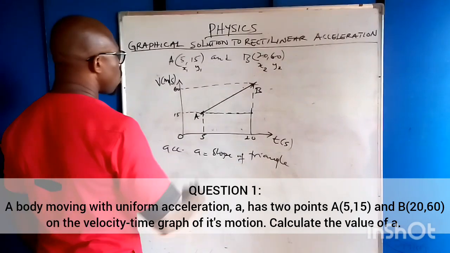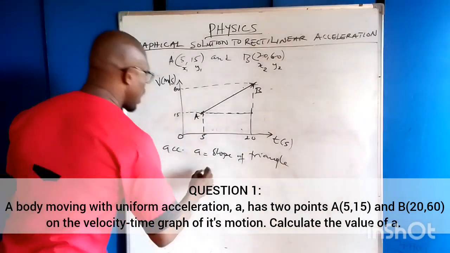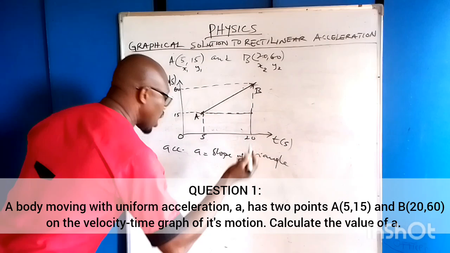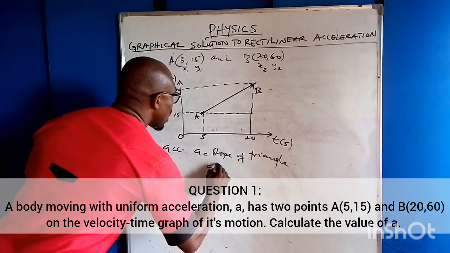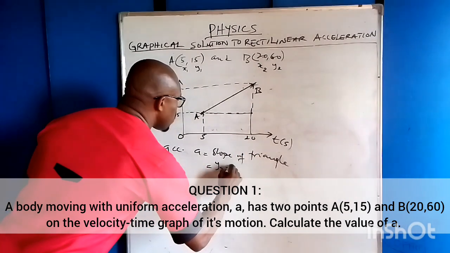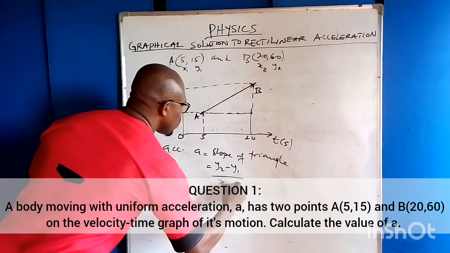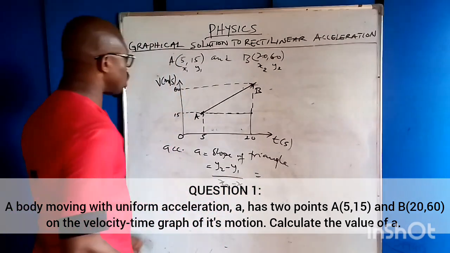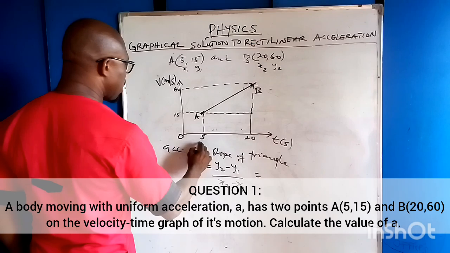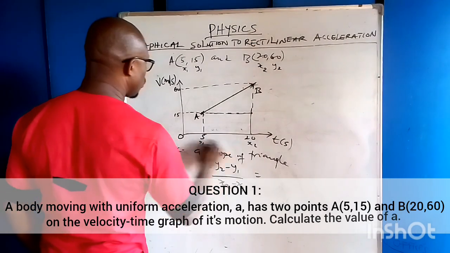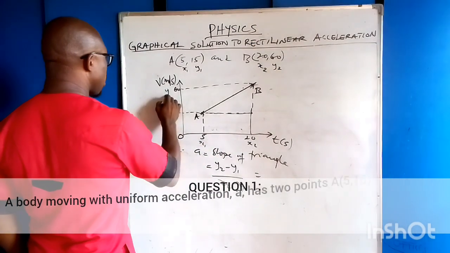The slope, or gradient, is equal to y2 minus y1 all over x2 minus x1. Remember, this is our x1, this is our x2, this is our y1, this is our y2.